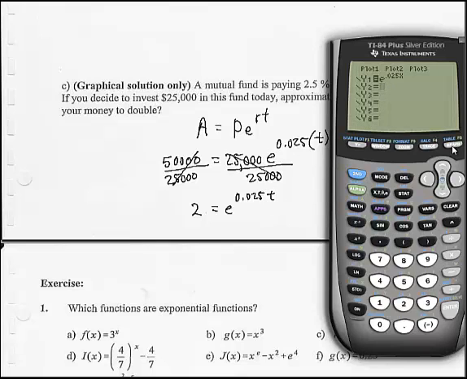and I graph it, okay, I want an output of 2, so I'll just simply hit trace and enter, let's say 20 years. Take a guess. Well, it's not on my calculator, so I will zoom out and I'll zoom out again.